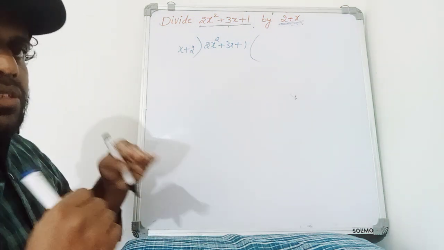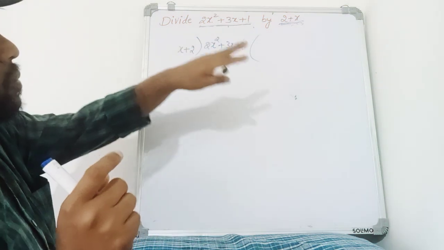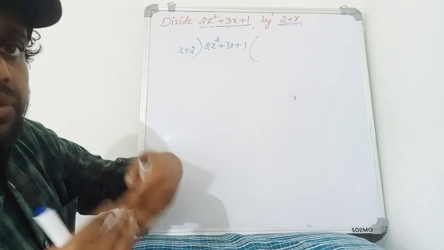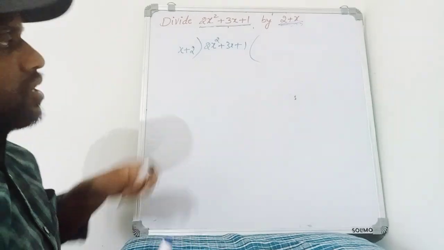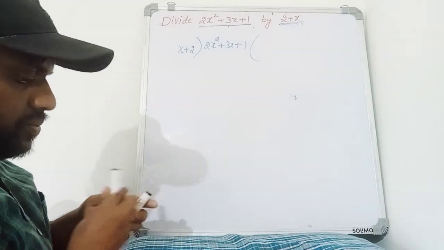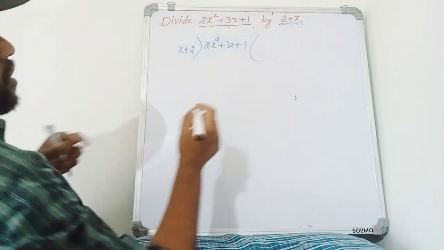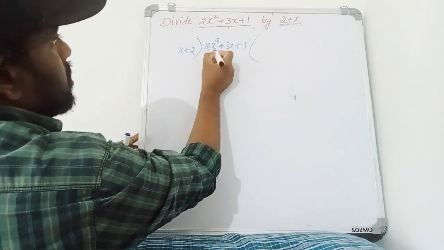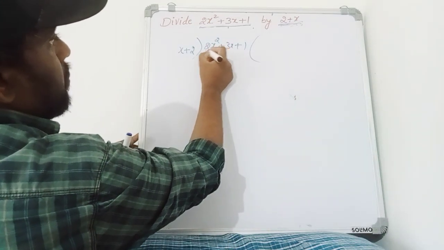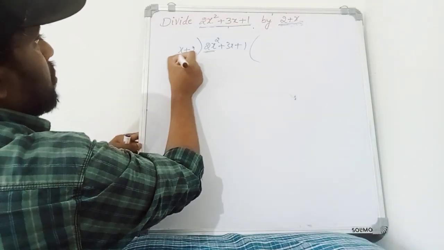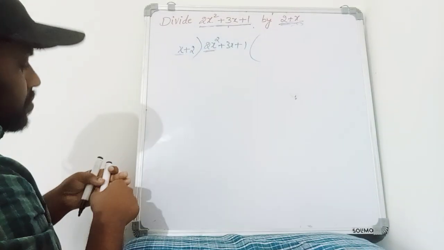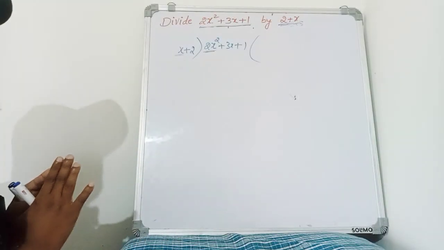Once again I am repeating, the given polynomials should be in decreasing order of powers of x before starting the division process. Now the actual division process starts. So consider the first term of the dividend. What is that? 2x square. Next consider the first term of the divisor. What is that? X.